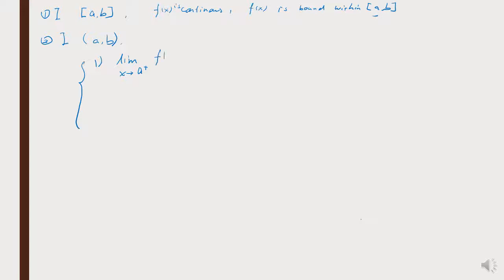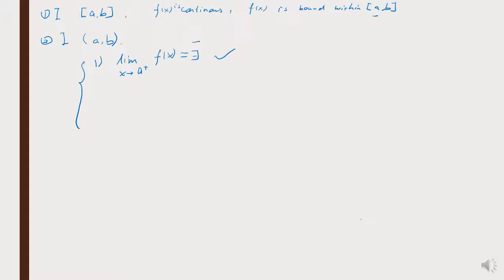Then we test whether it has a limit or not. The sign here means exist, we just want to simplify the words. So if there exists one limit for this function when it is approaching from the right side of point A, then it has passed the first checkpoint.